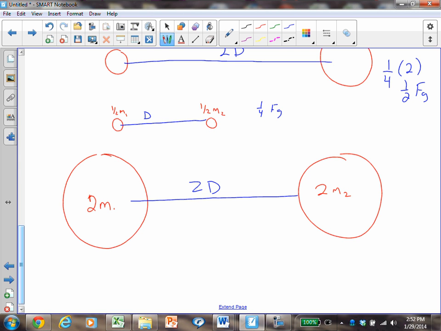Smaller, 1/4. Double mass 1, double mass 2, it's still Fg. It's the same. If you tripled it, yes, it would still be the same. Yes, that's right. Okay, good.